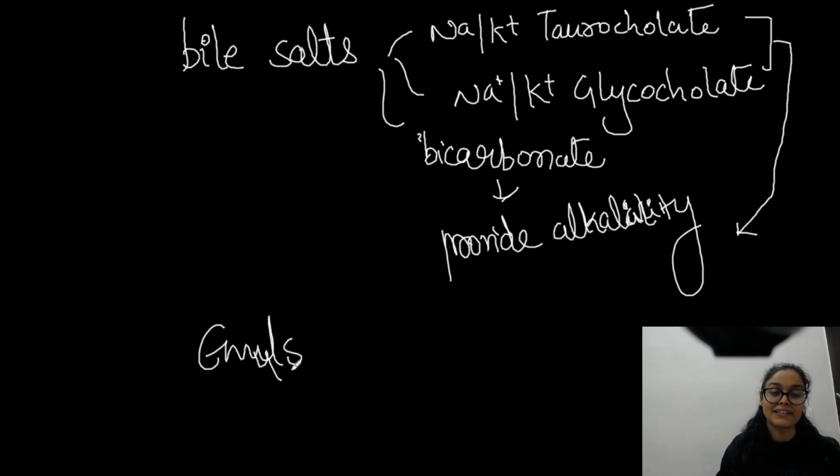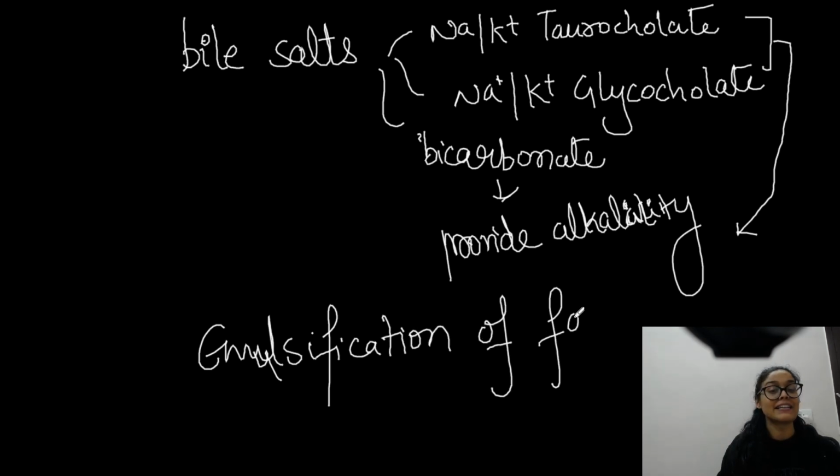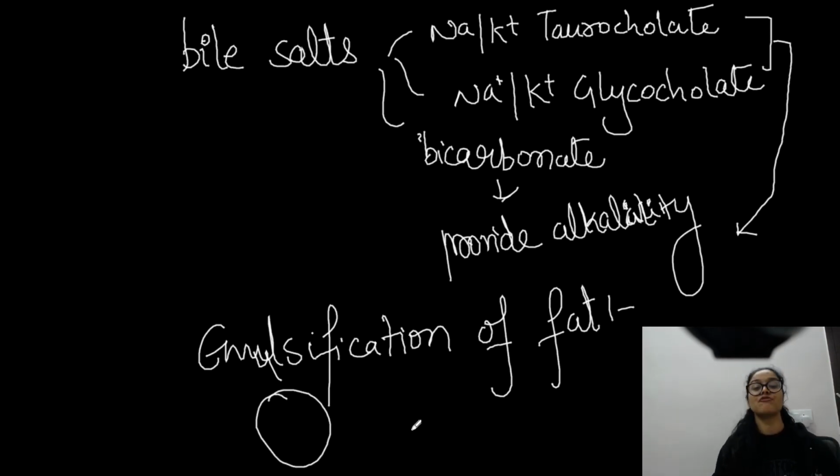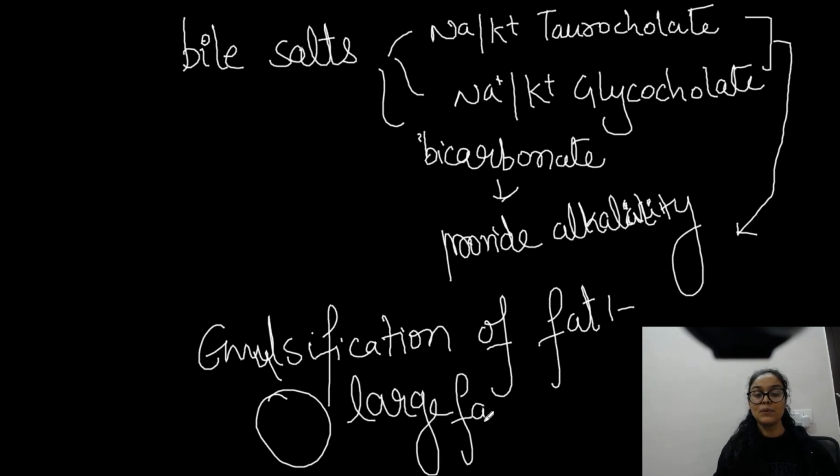These bile salts help in emulsification of fat. What is emulsification of fat? It is not chemical digestion, it is mechanical digestion, where large fat globules are broken down into small fat globules.